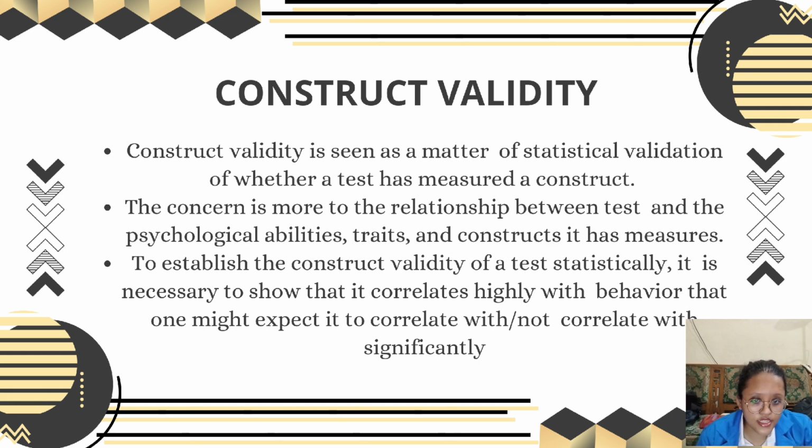To establish the construct validity of a test statistically, it is necessary to show that it correlates highly with behavior that one might expect it to correlate with, or not correlate with significantly.